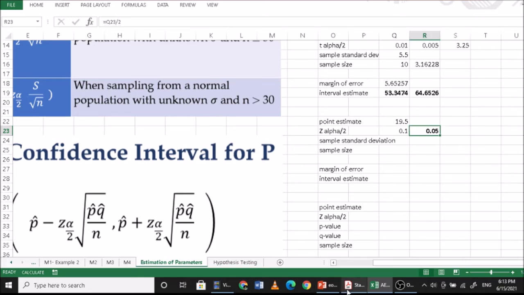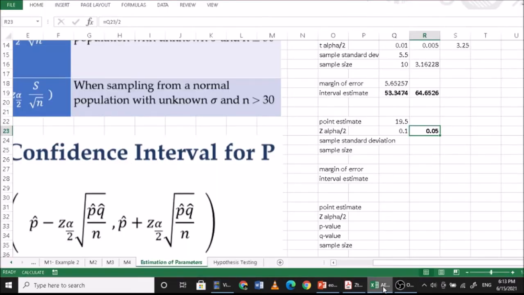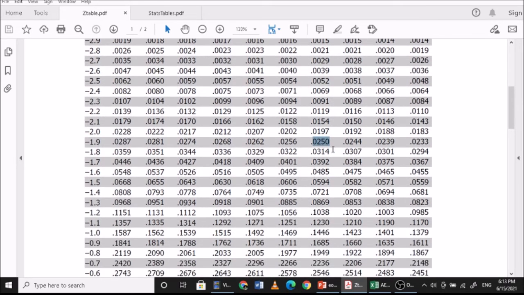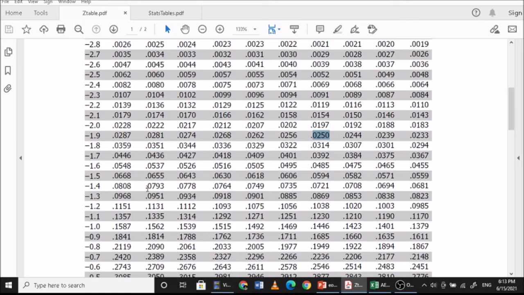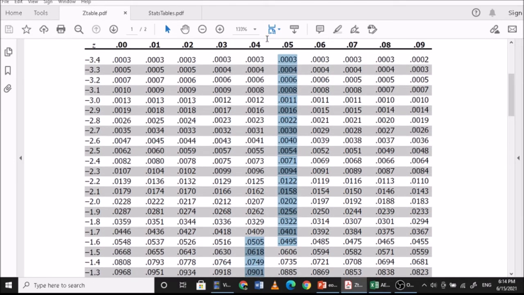So you're going to check your z value which is equal to 0.05, between negative 1.64 at 0.0505 and negative 1.65 at 0.0495, so between the two, that's 1.645.